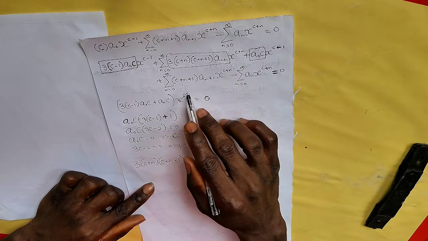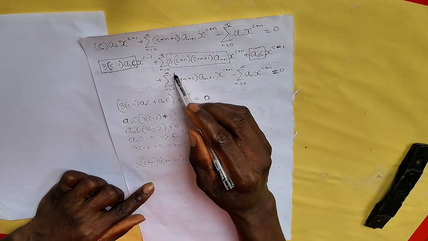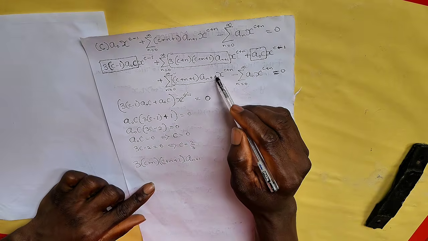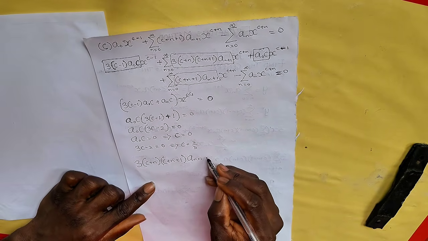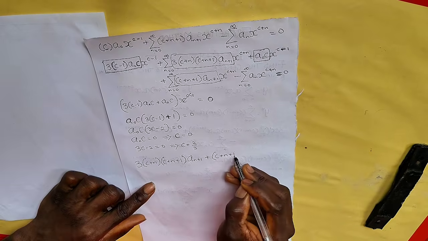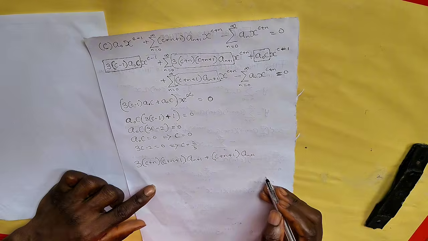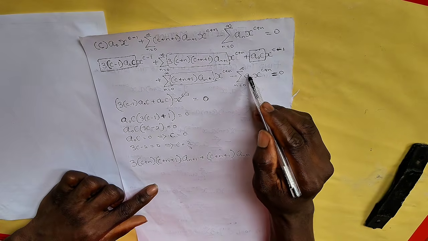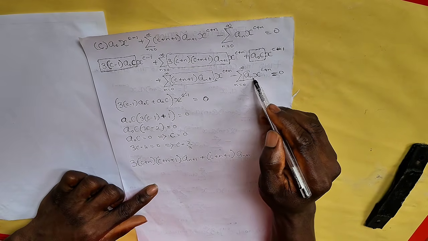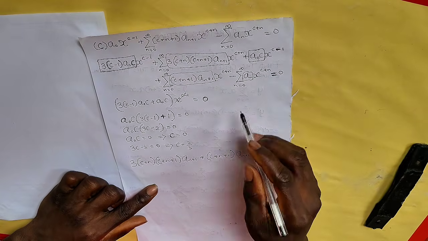Okay, for this one, what am I going to bring out? I'm going to take this carefully. So plus c plus n plus 1, a n plus 1, right?